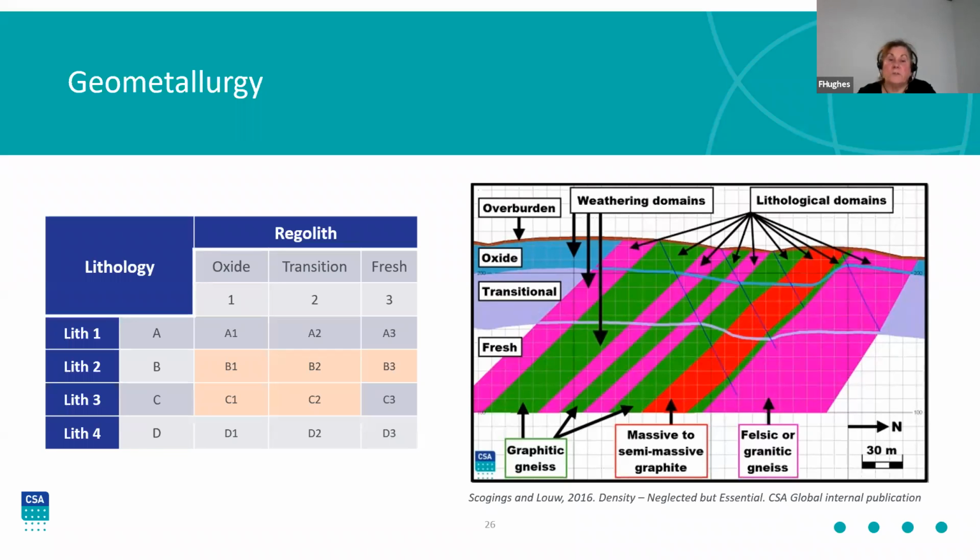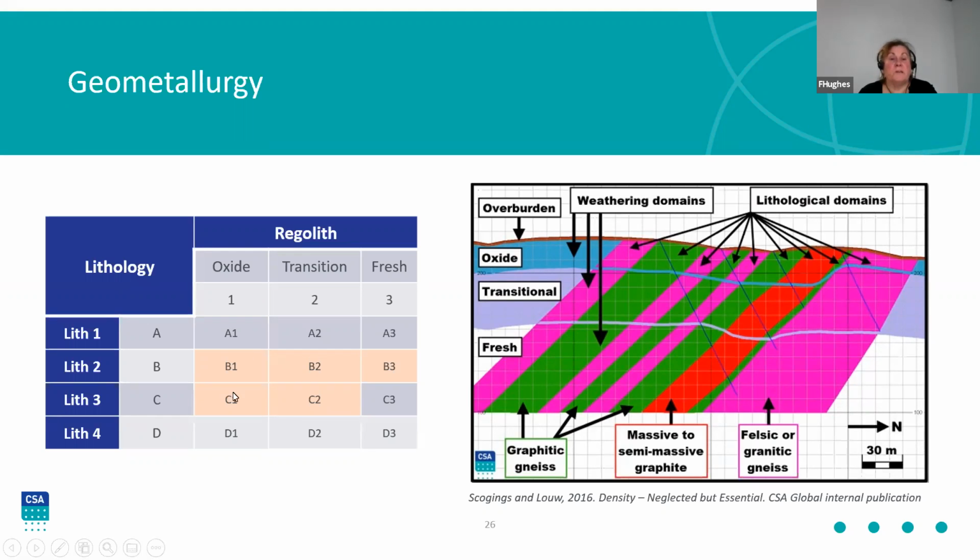And they are all going to have differing physical properties, different metallurgical responses based on where they are located in space, either in a different lithology or a different weathering domain.